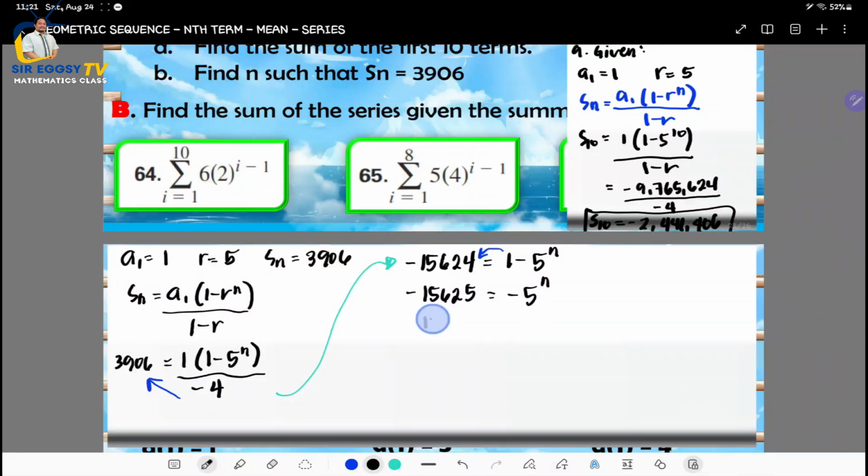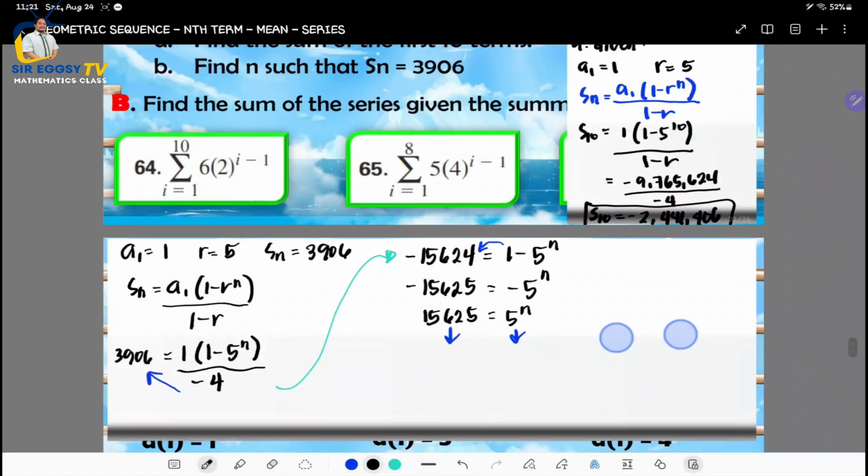Since both of them are negative, we can divide both sides by negative 1, which will give us the positive equation. Now, in this case, we cannot divide both sides by 5, but we have to transform this constant to an exponential form wherein the base should be 5.